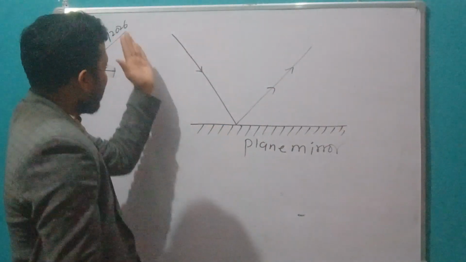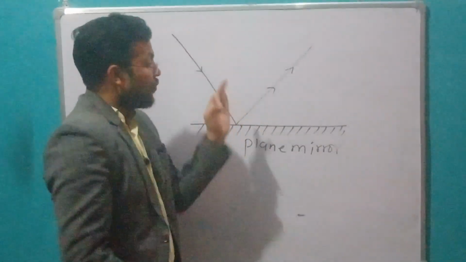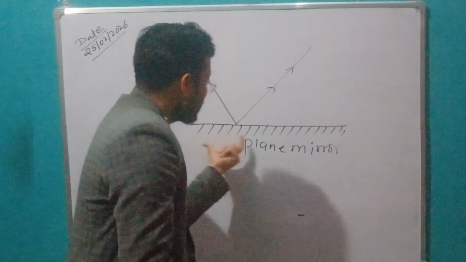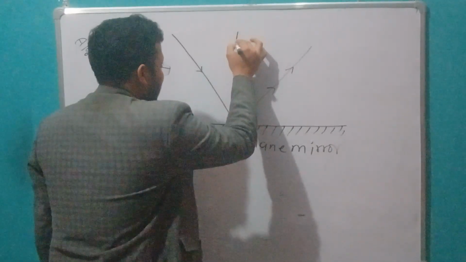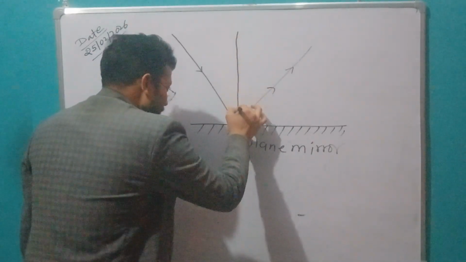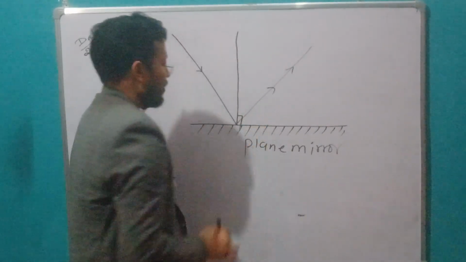We draw a line at the point where the ray is incident, perpendicular to this plane mirror surface. This perpendicular line is known as the normal.